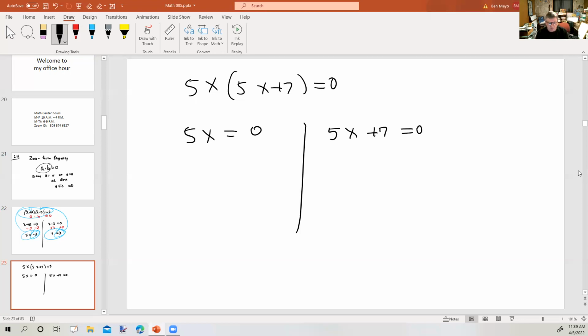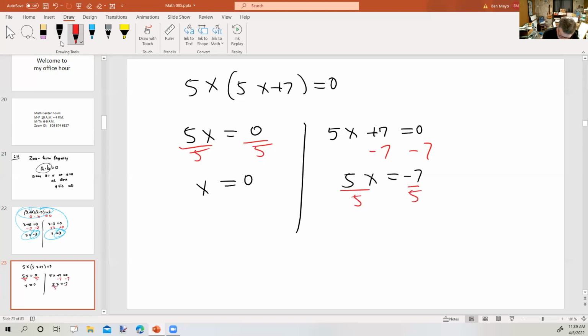Basically what we're doing is taking each factor that contains a variable and setting it equal to 0, and then coming back and solving each of these first degree equations. 5x equals 0, divide both sides by 5, x equals 0. 5x plus 7 equals 0, subtract 7 from both sides, 5x equals -7, divide both sides by 5, x equals -7/5.